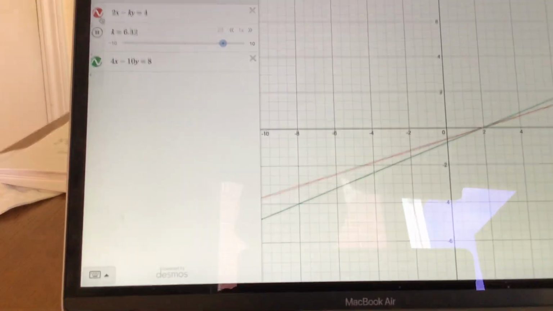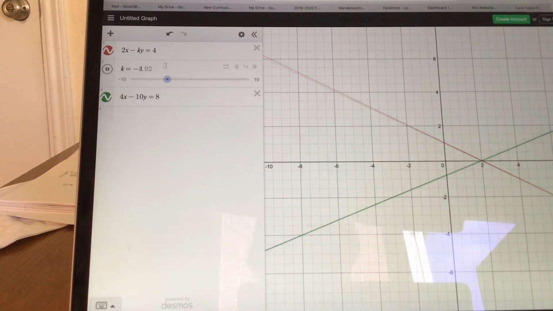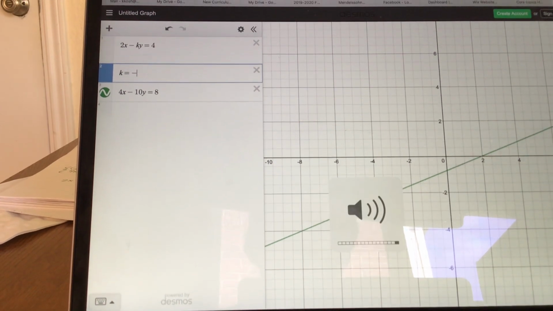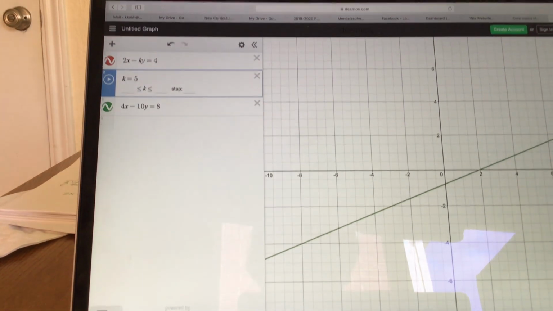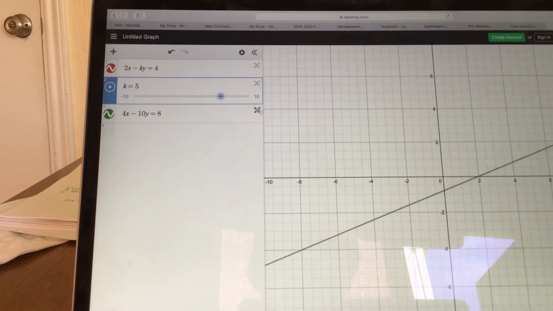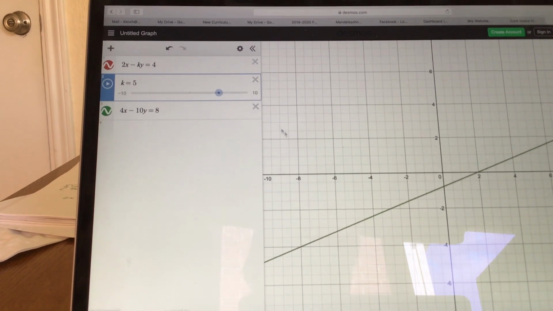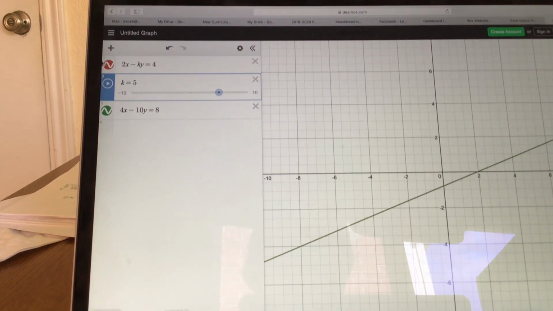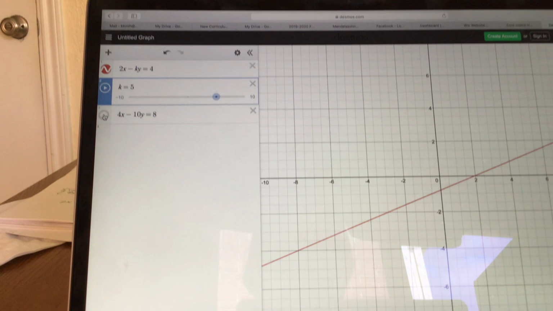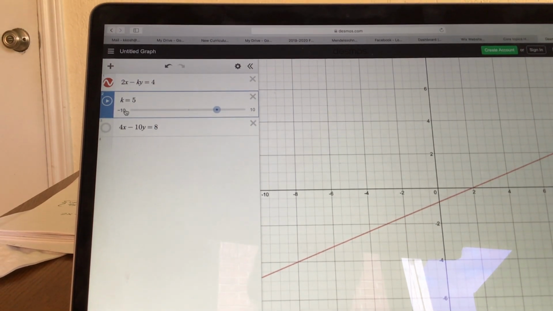If I come over here and stop this, I can just tell it I want to know what happens when k equals 5. Then notice this line right there, those two lines are exactly the same. I can turn this off and turn it back on. See how that's red? It's graphing this one where k is equal to 5.